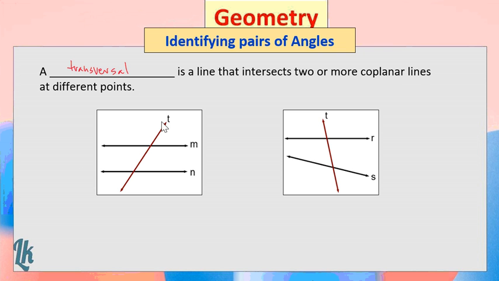In the given figures, T is the transversal, or let's say line T. In the second figure, we have line R and line S, and both are intersected by line T at two different points. So line T in the second figure is also a transversal.